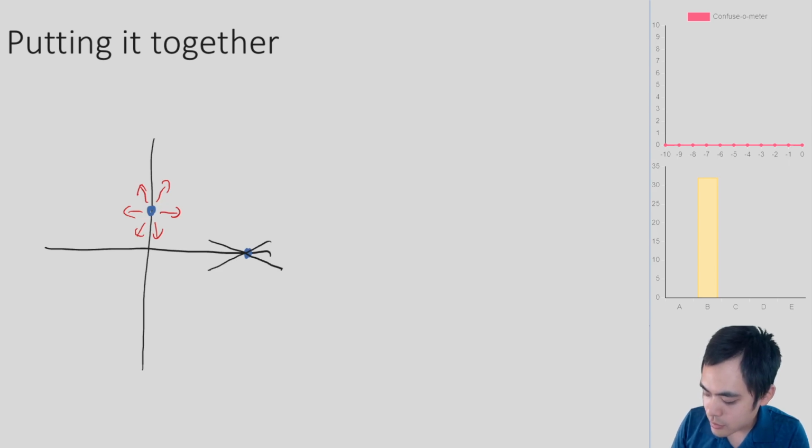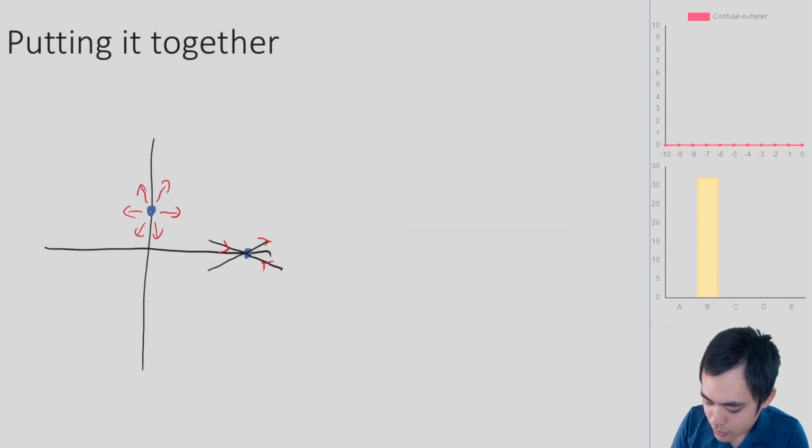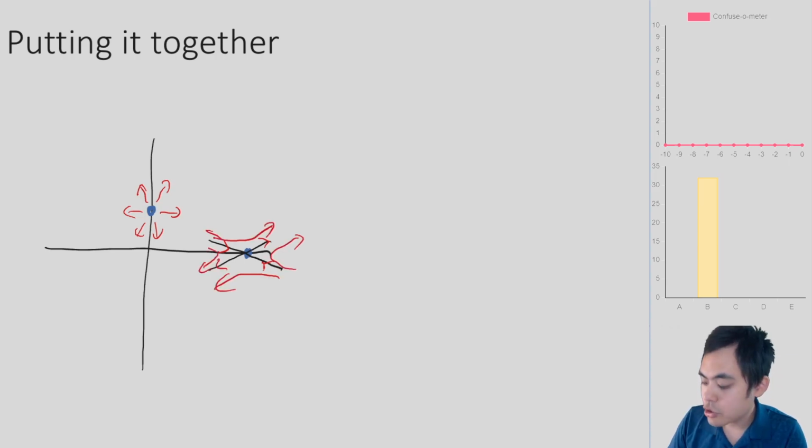And things go, what was it? Inward in this direction and outward in this direction. And so if you want to draw out some potential solutions or trajectories, you might have something that goes like that. Or something that goes like that.